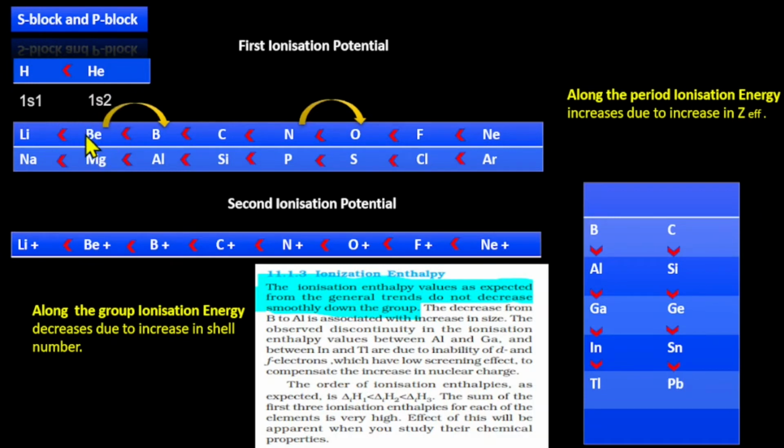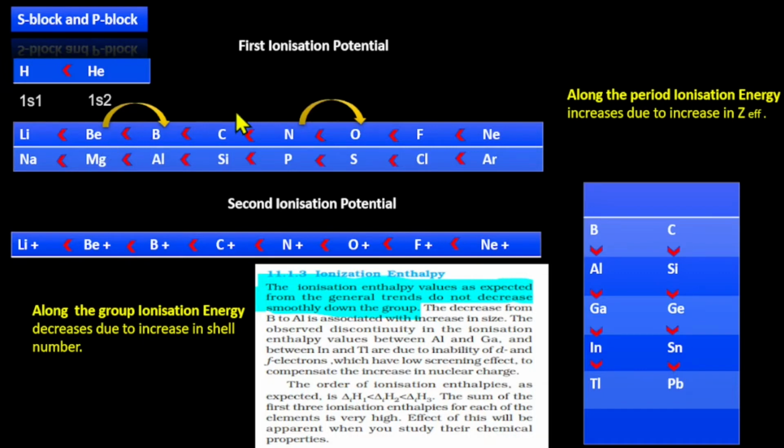The completely filled and half filled rule is that if a completely filled or half filled orbital is there in an atom, then it will have more ionization energy. That's why this will come ahead. It will have more ionization energy than boron.